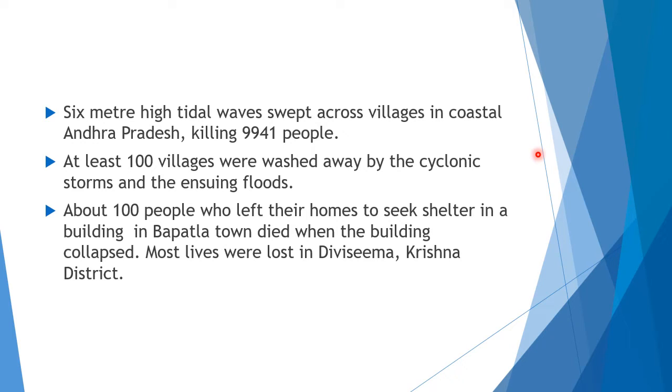Even after the cyclone is over, they suffer for food and even for drinking water, because the cyclonic hit area is already flooded. So automatically, whatever water is available is not at all safe. So the government has to provide.